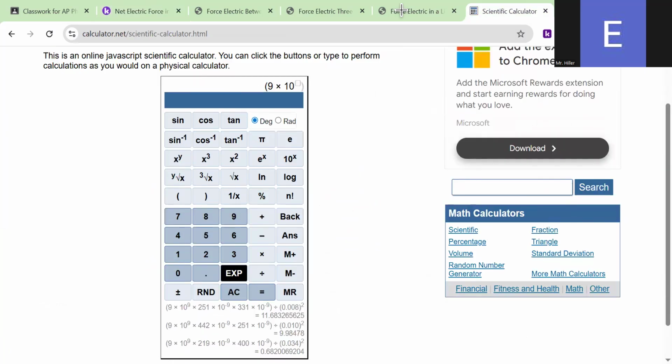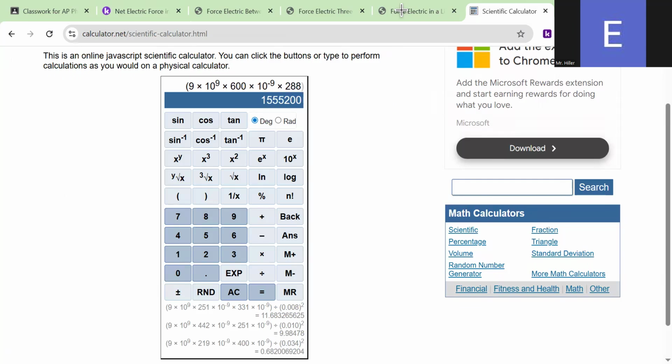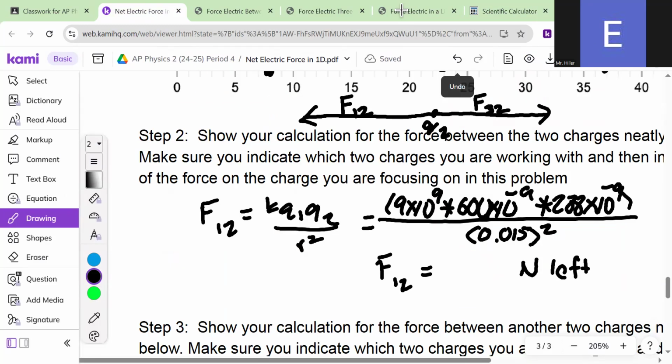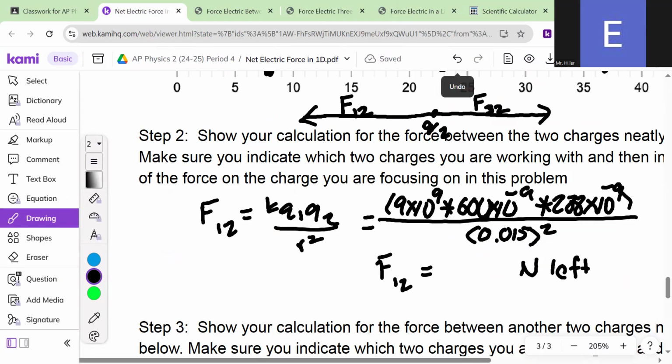Open parentheses, 9E9 times 600E-9 times 288 times 10 to the negative 9, close parentheses, divided by open parentheses 0.015 quantity squared. And I'm getting 6.912.